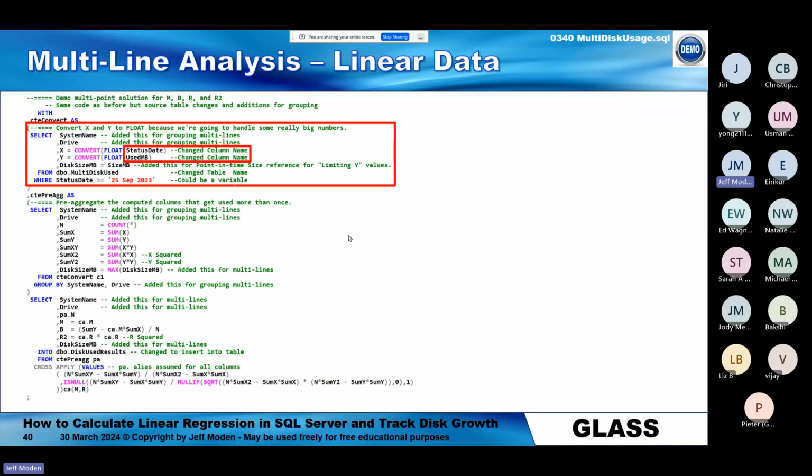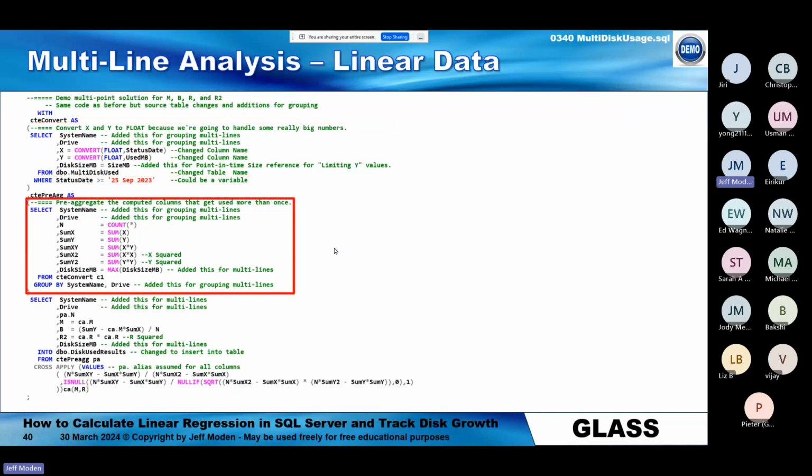We just needed to make sure our column names were correct. I added disk size just so that we could plot against it. And it's a different table. And I also said, hey, I want you to start your analysis on the 25th of September instead of doing it all. But basically, this is the same as the little 5-point analysis. It's just we have a couple of extra columns that we added.